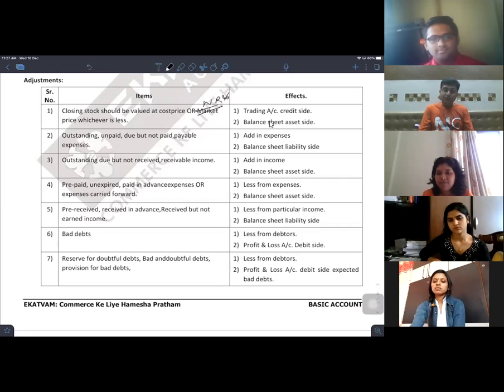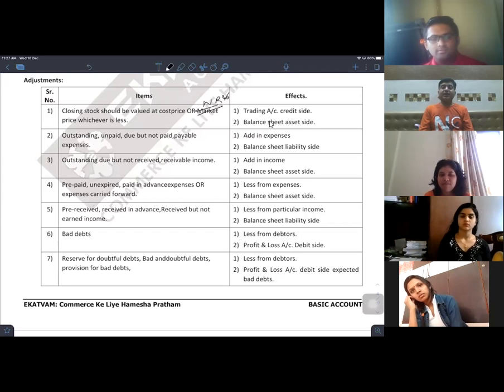Why do I need to show this closing stock on the credit side? Basically because I have to comply with the matching principle. My matching principle says what? Match the expenses for the year with the income of the same year.